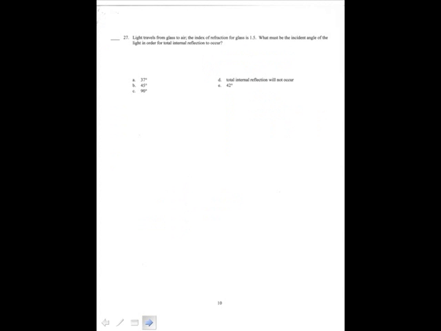Light travels from glass to air. The index of refraction is 1.5. What must be the incident angle for light in order for total internal reflection to occur? Now in this case, I'm going from glass to air, from a high to low index of refraction. So refraction does occur. So I just say N1 sine theta 1 equals N2 sine of 90.